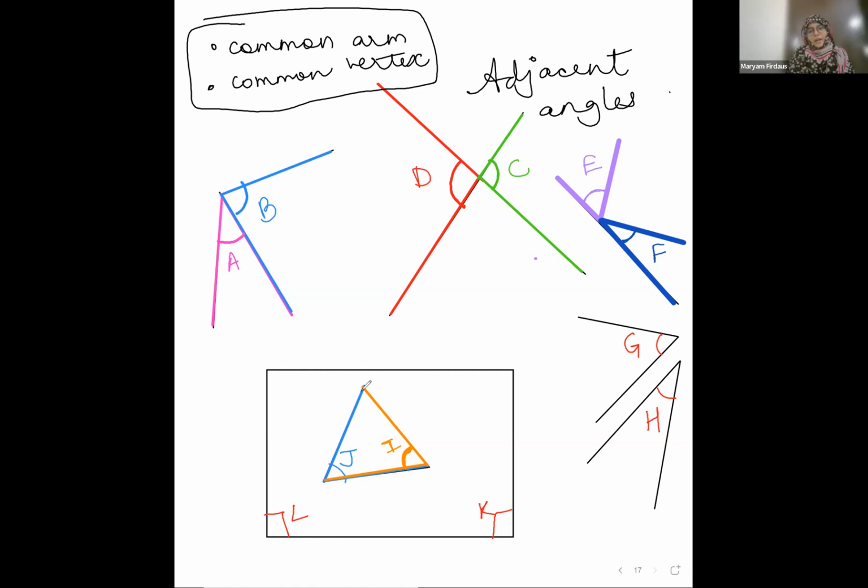Do take a look at angle J. This is angle J, and this is angle I. They have a common arm, but do they have a common vertex?